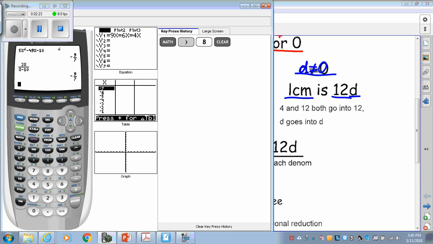If I do math, go over to num, and number 8 is the least common multiple. So I have 4, comma, 12, so it's like what we did with the greatest common factor, but now we want the multiple. So the least common multiple is 12.